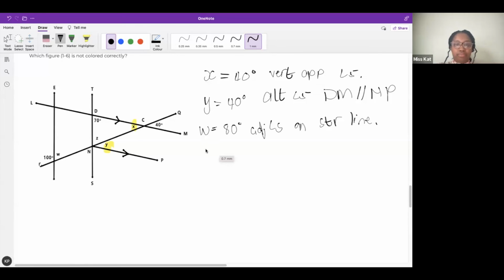Can't you say Z plus 40 plus 70 is equal to 180 degrees because of interior angles in a triangle? So then Z is 180 minus 40 minus 70 degrees, which equals 70. Beautiful. And we are done.